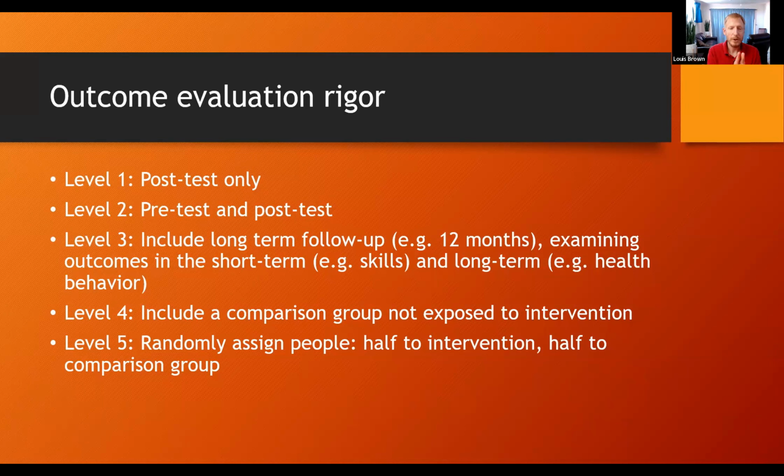What you're doing here is, like in the waitlist control design, we take the 300 people that are interested in getting trained, and randomly we pick and put some in, you're going to get it first versus later. And because it's completely random as to whether you're getting the intervention first or getting on the wait list, you create two groups that are statistically equal.